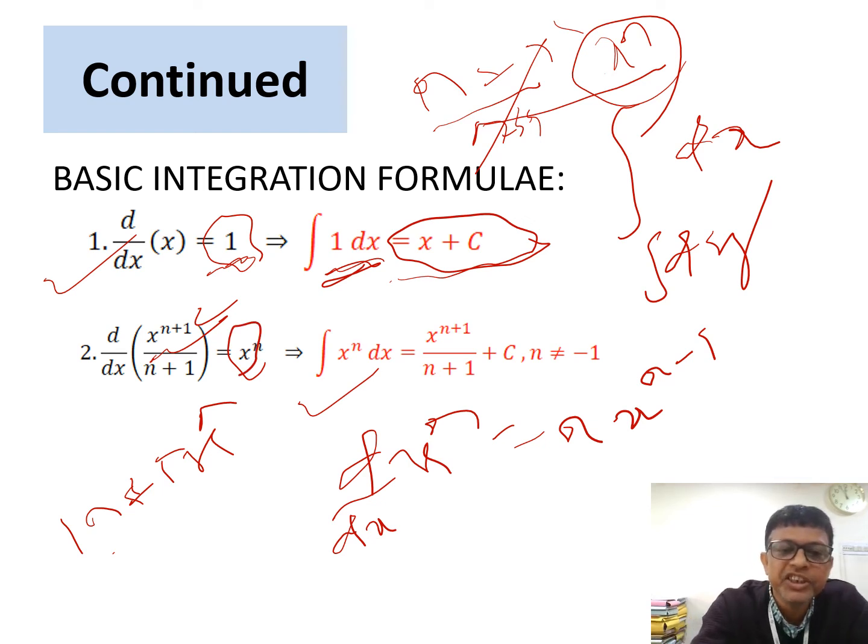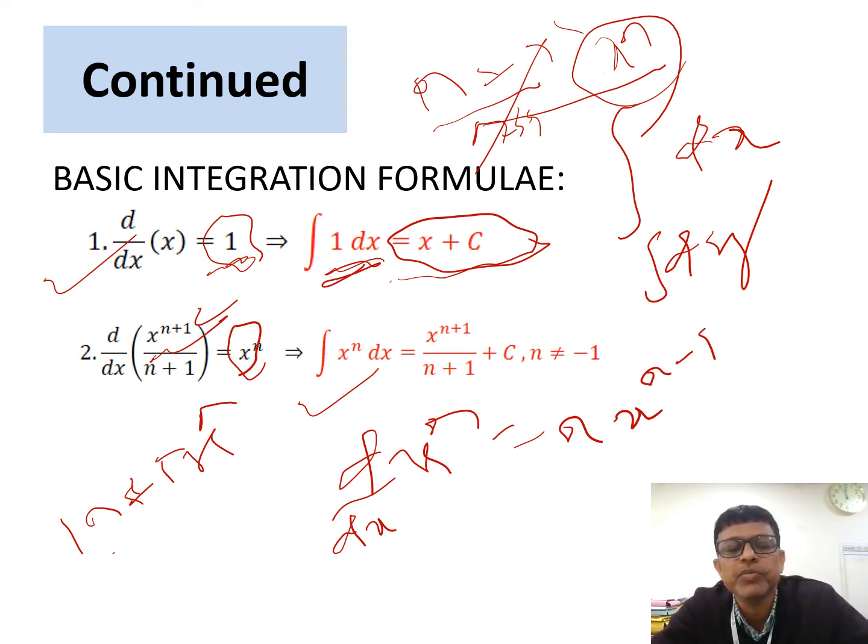And if you take the integration of x to the power n, it is x to the power n plus 1 by n plus 1 plus c. This is the integration of x to the power n. But here the condition is n is not equal to minus 1, because if you take minus 1, then the denominator will be 0.